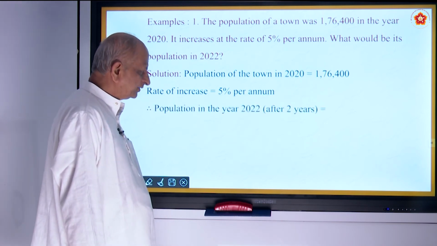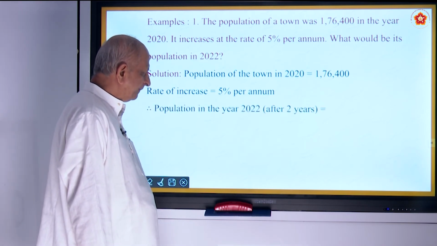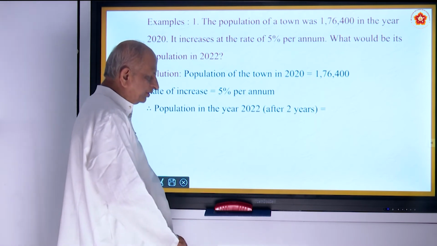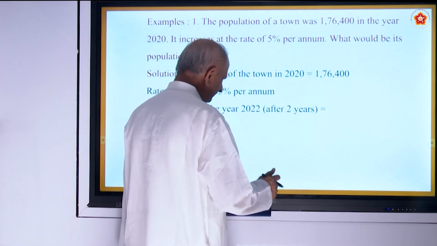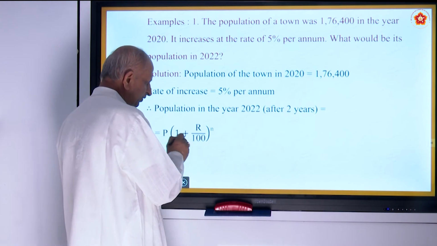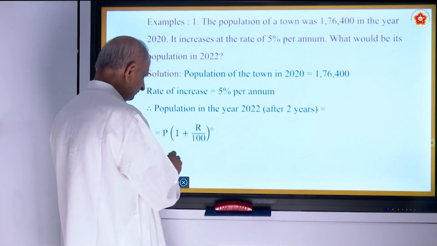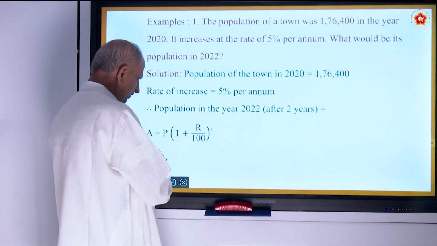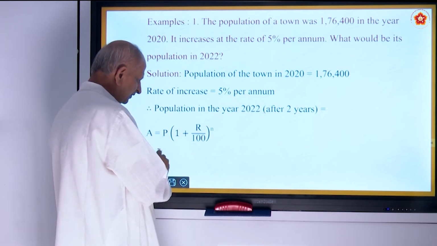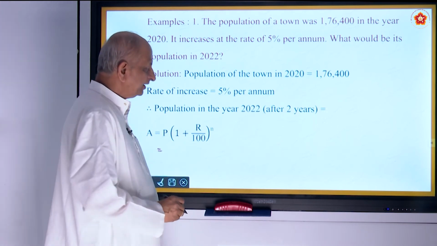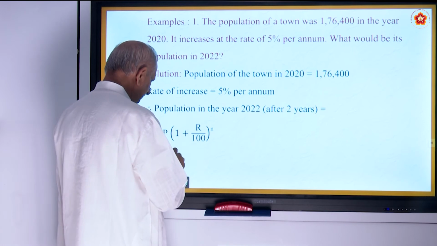Now they are asking what is the population. You have to use the formula: A is equal to P into 1 plus R by 100 to the power of N. Usually P represents principal, here you are taking it as population.